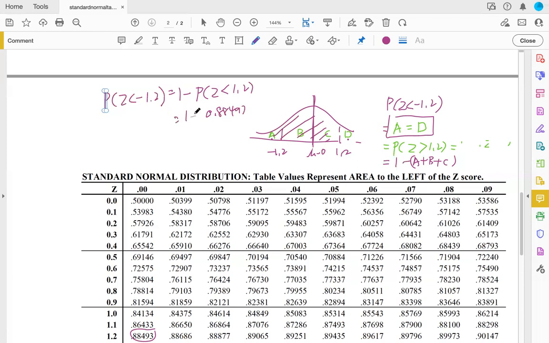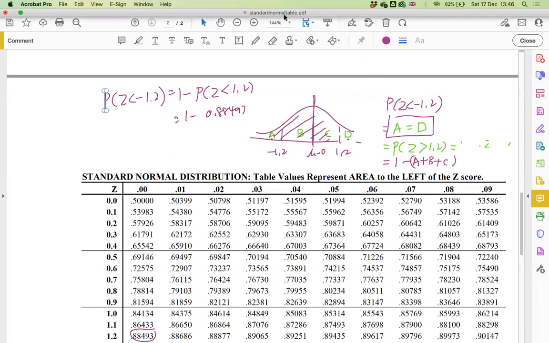So 1 minus 0.88493. You just need to flip it, because when you find the D, it's actually the same as the A. So you have to remember that part. It sounds a bit complicated, but it's actually not. I hope you understand this part.